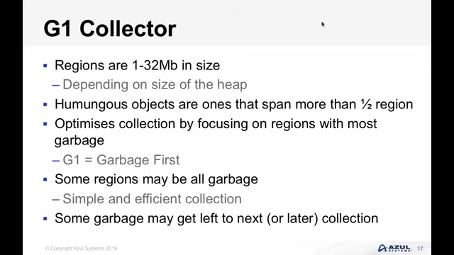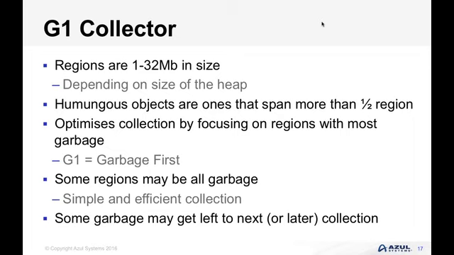And you start with ones which are potentially completely full of garbage. If they're completely full of garbage, there's no live data in those regions at all, then it's very easy to reclaim them because we know that it's all garbage, so we simply say, right, just treat that as an empty region, put it on the list of regions that we have available, and it's automatically collected. So then we're able to reuse that space immediately.